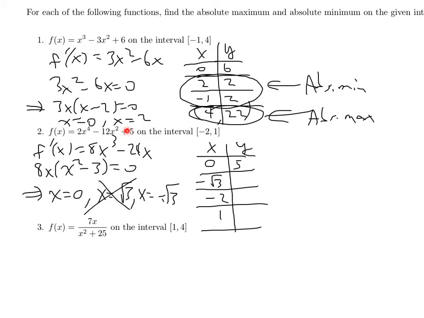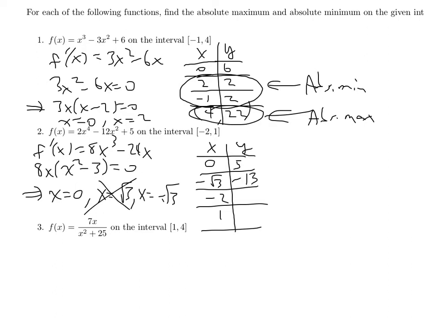Remember, I'm putting this back into the original formula to get my y-coordinate. When x is the negative square root of 3, then here I'll have 2 times 9 is 18. 18 minus 12 times 3 is minus 36. So 18 minus 36 is negative 18, plus 5 is negative 13. You might double check me on that, but I think it's negative 13.